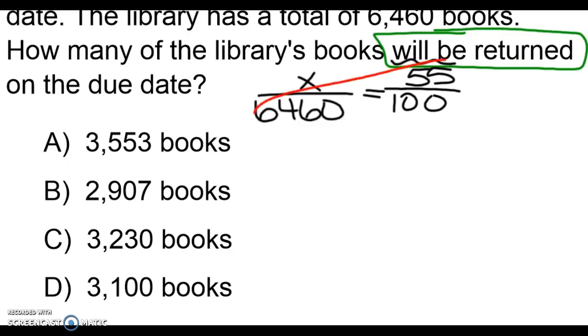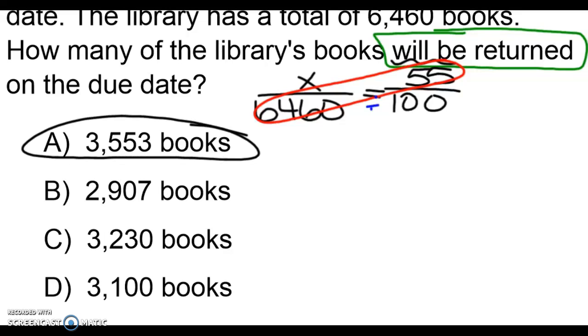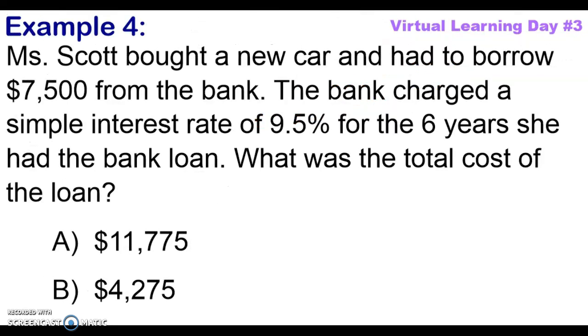I'm going to go ahead and cross multiply the numbers that I can. I'm going to divide by x's partner, and as soon as I divide by x's partner, I am left with 3,553 books that will be returned on the due date. Go ahead and answer example 4.